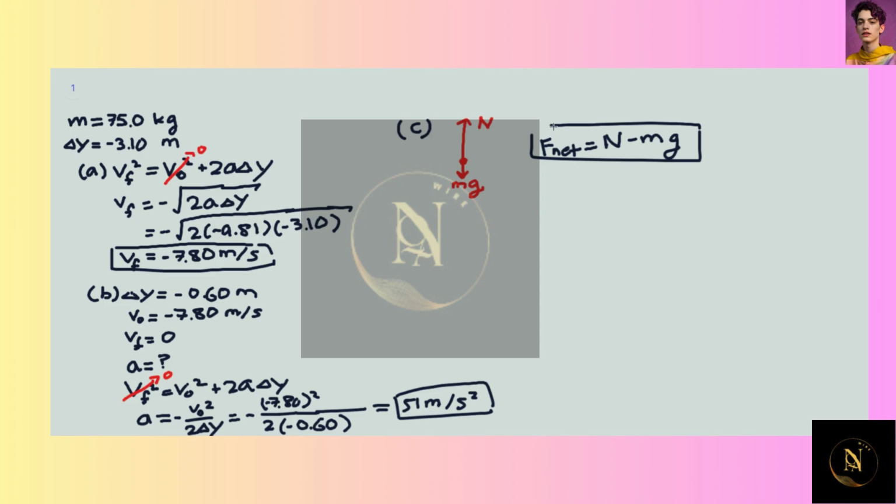So we can rearrange this to solve for the normal force, which is, I guess, what we're interested in. That's going to be the net force plus mg, if we just add mg to both sides. Newton's second law tells us that the net force is going to also be equal to ma, so we can factor out the m to just get m times acceleration plus g.